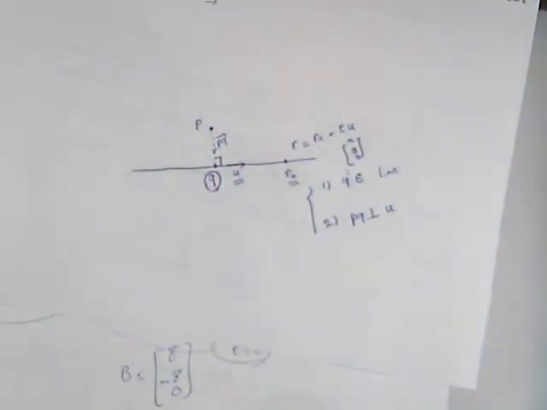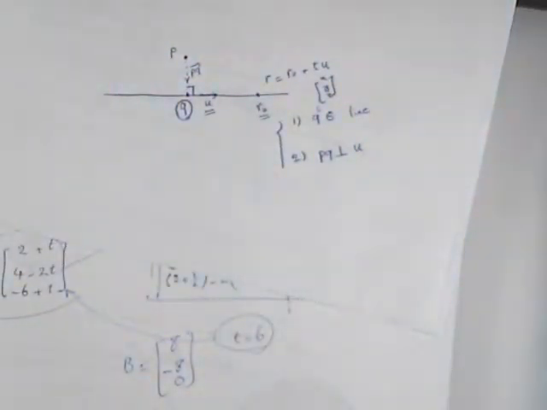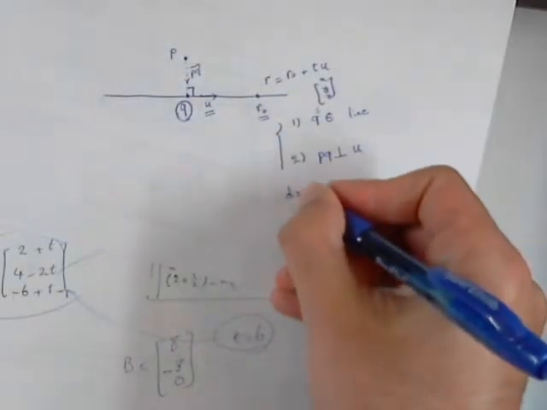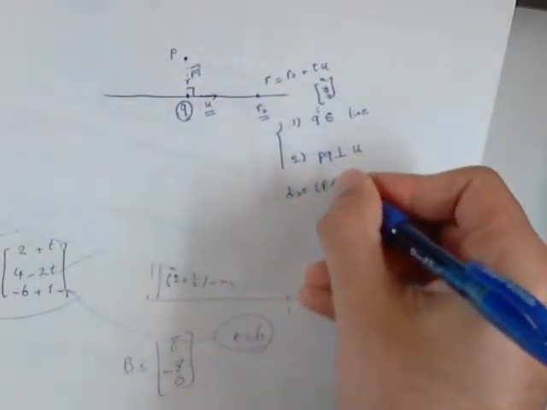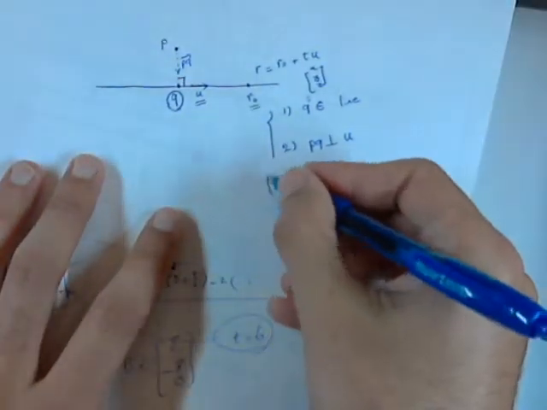You only need these 2 equations to find the point Q. And then the distance of P and Q gives you the distance between the point and the line. So this is what you need.